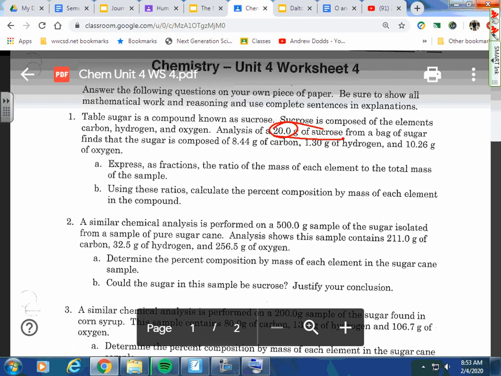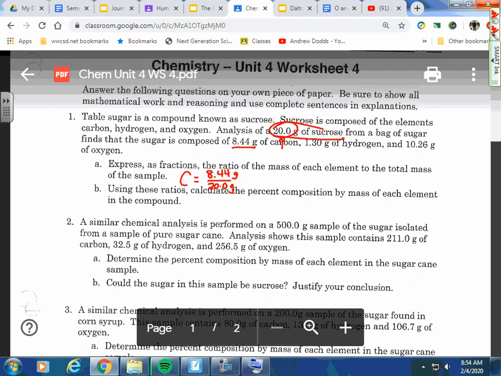So for each element, I'm going to start with carbon, whose symbol is C. So I'm going to take the amount of carbon there is, 8.44 grams, and I'm going to put that over the total amount, which again is 20.0 grams. All right.